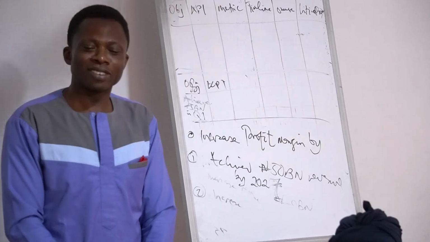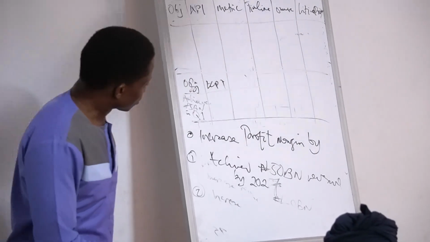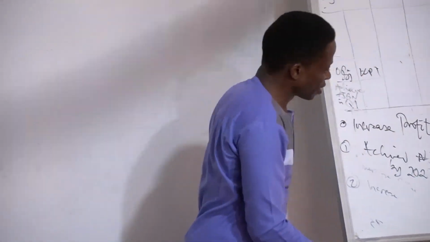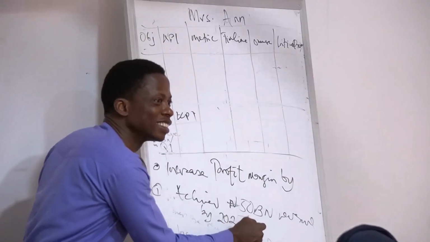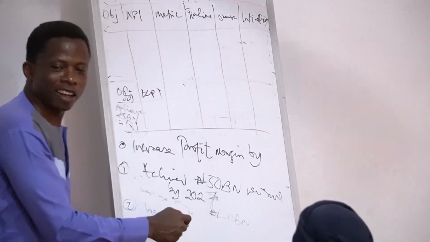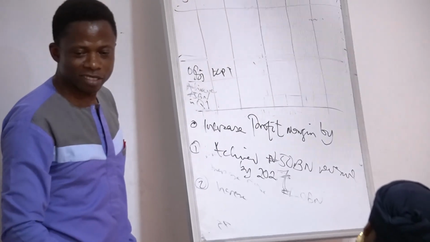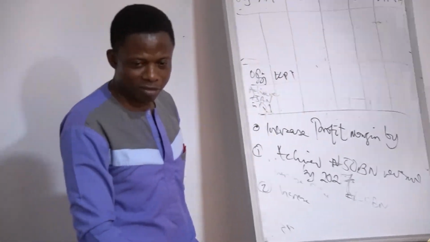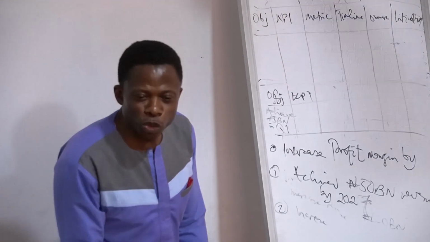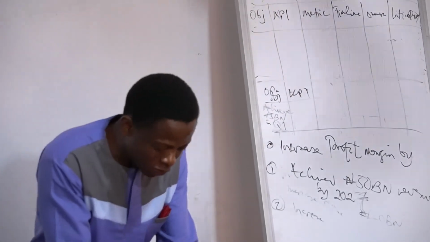Achieve 50 billion. So this is what you are achieving this year. If they are treated to achieve, then it will increase their revenue or their sales. God will say achieve.